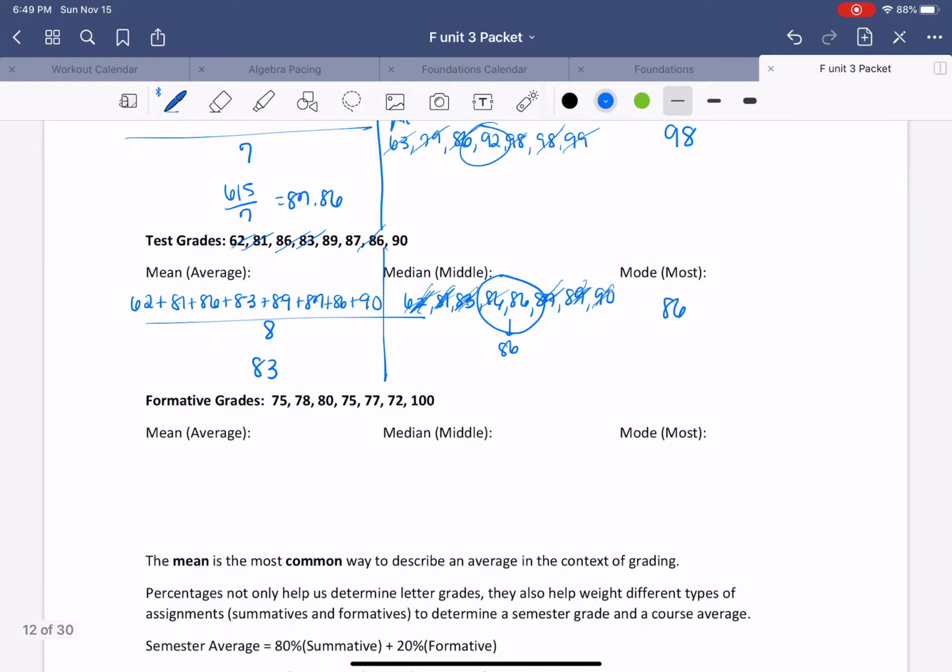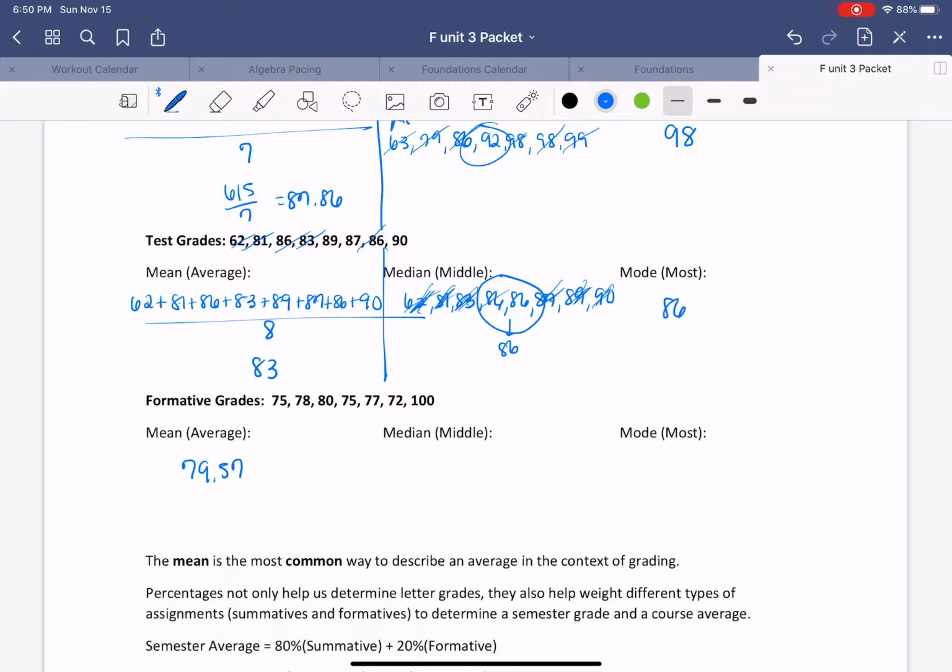Go ahead and find the average, or the mean, the median, and the mode for the formative grades. So the average is 79.57.